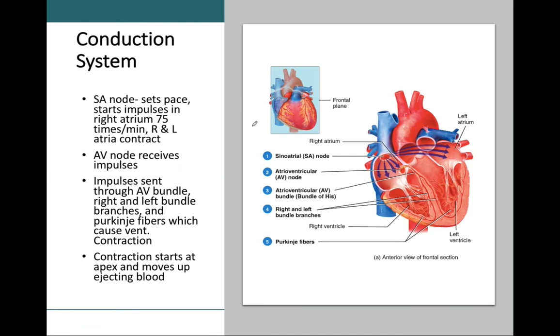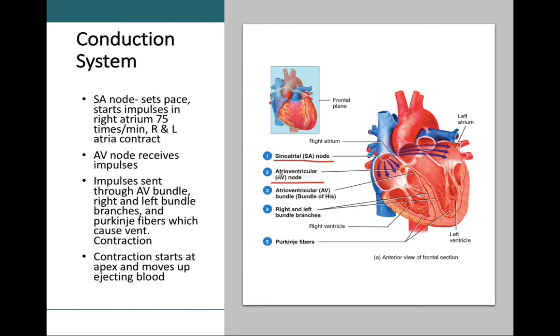Now, the conduction system is made up of several components, and they are shown over here. The first component is known as the sinoatrial node, also known as the SA node. The SA node is found in the wall of the right atrium. Just below this, we'll find the atrioventricular node, or the AV node, and that's going to sit between the atria and the ventricles.